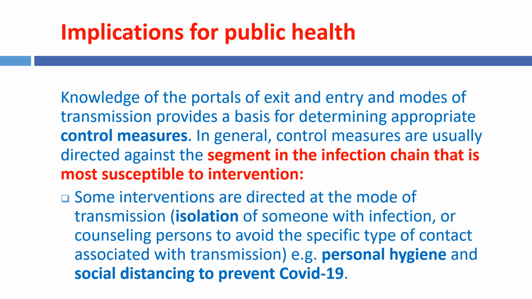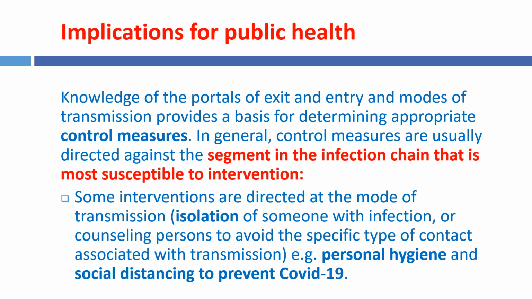Implications for public health. Why is it important in epidemiology as a cornerstone of public health? Why is it important to learn about the chain of infection for any disease that we are facing? This is because knowledge of the portals of exit and entry and also modes of transmission provides the basis for determining appropriate control measures.